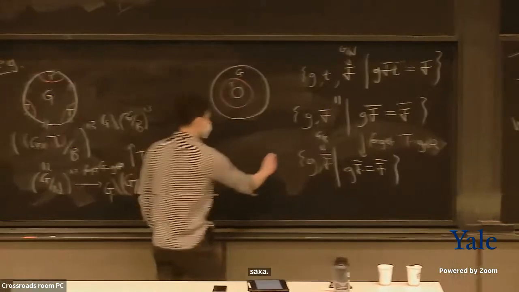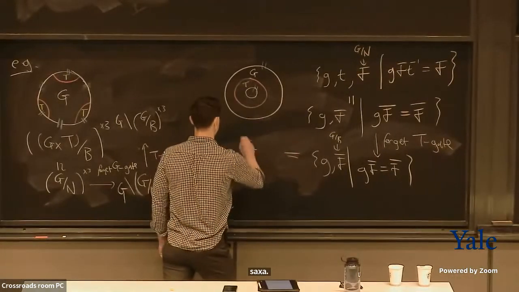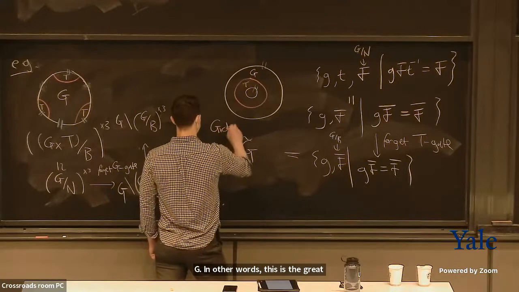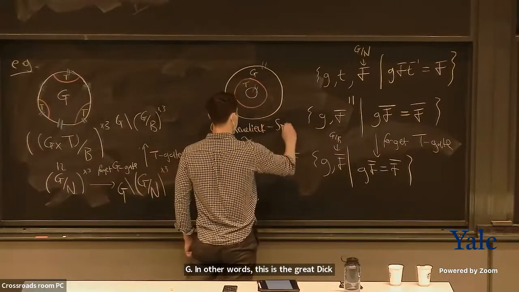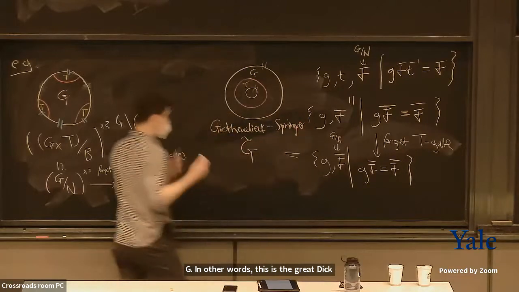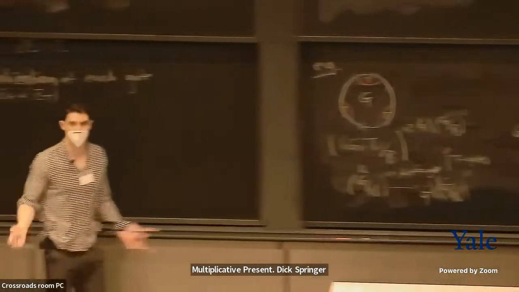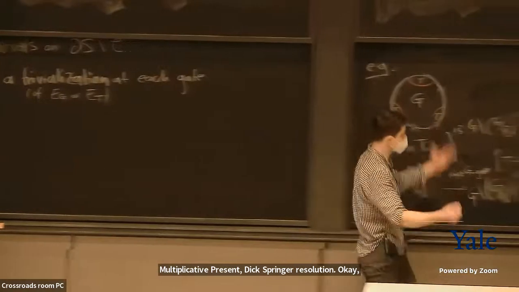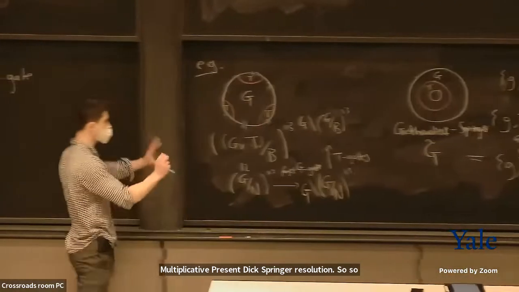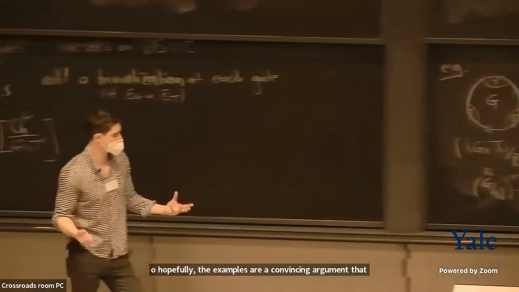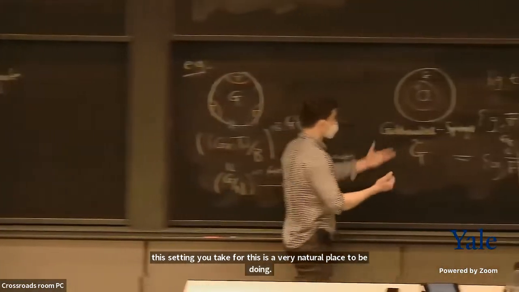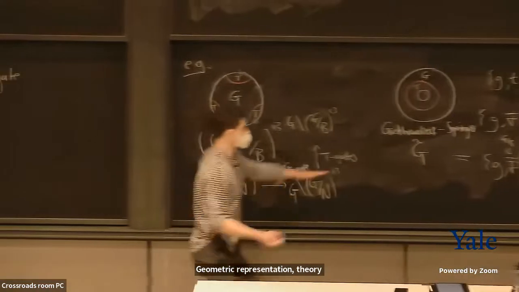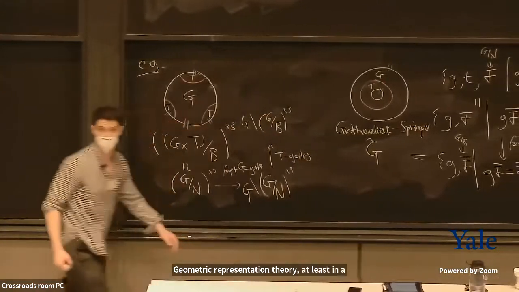In other words, this is the multiplicative Grothendieck-Springer resolution. Okay, so hopefully these examples are a convincing argument that this setting of decorated surfaces is a very natural place to be doing a kind of geometric representation theory, at least in a multiplicative kind of setting.